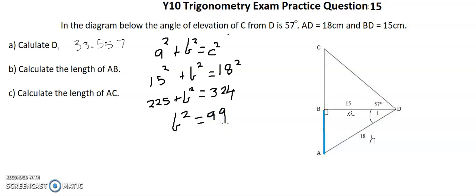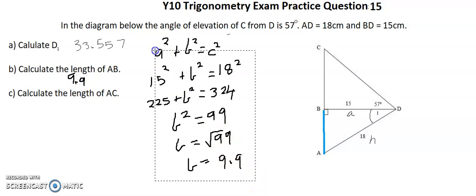So the next step that I need to do is get rid of the power of 2, so I'm going to square root both sides. If I square root 99, it tells me approximately B is worth 9.9. So A to B is going to be worth 9.9.